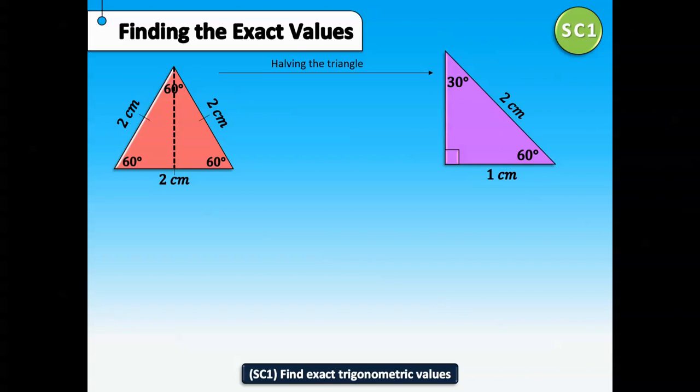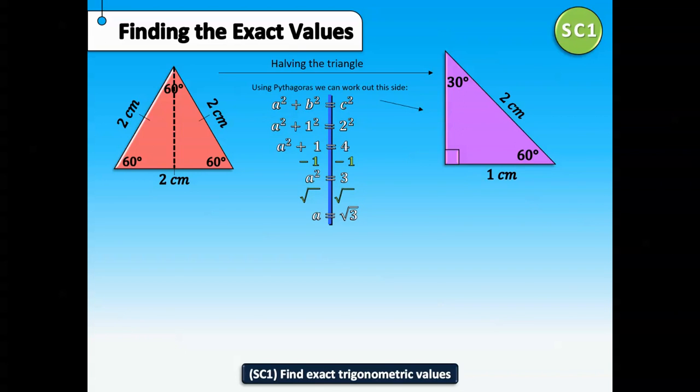And the angle at the top must be 30 degrees because we've chopped that angle in half. We can work out the length of the missing side using Pythagoras' theorem. So the missing side is root 3.